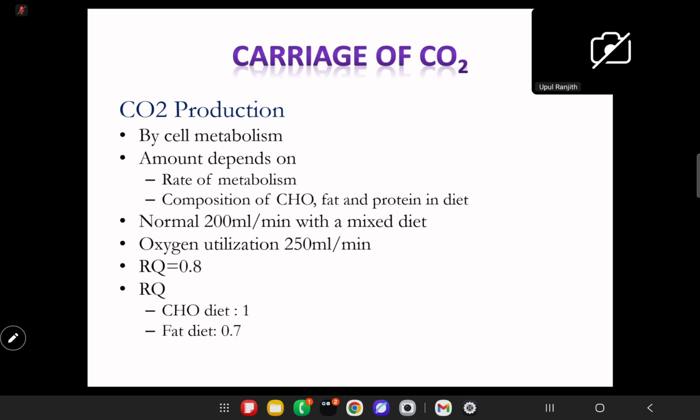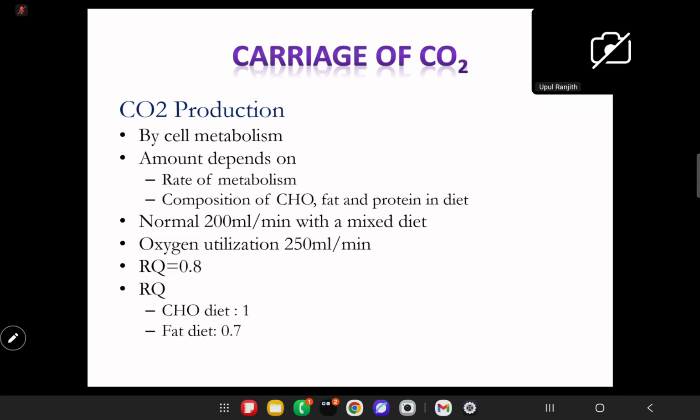Whereas if your energy is taken only from fat, the respiratory quotient would be 0.7, because there are various other elements in fat and protein, not only carbon, hydrogen, and oxygen. If you have sulfur, it will burn and you will utilize oxygen, but you will produce sulfur dioxide instead of carbon dioxide.